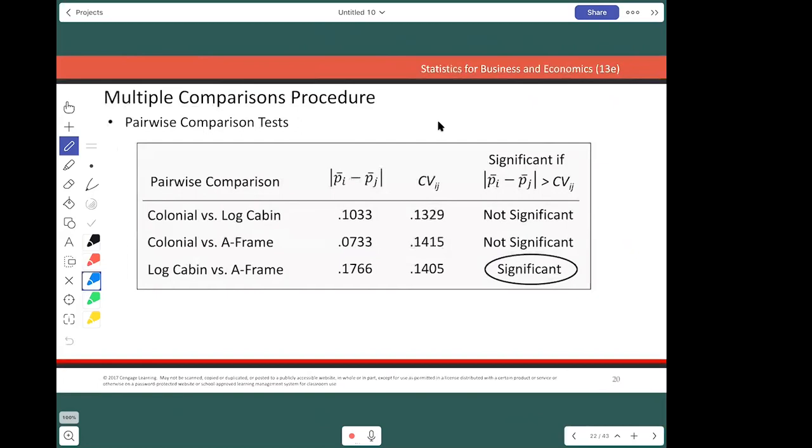So you see, that critical value is smaller than the absolute difference. Or I should just say it the other way: if the absolute difference is bigger than the critical value, it is considered significant.